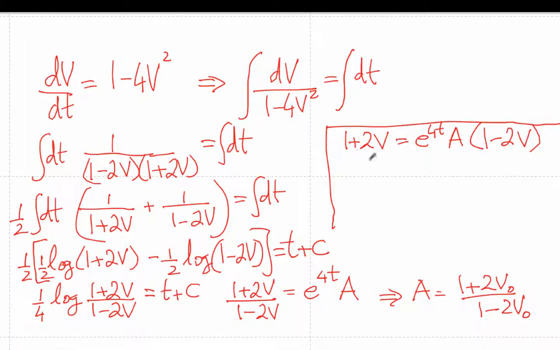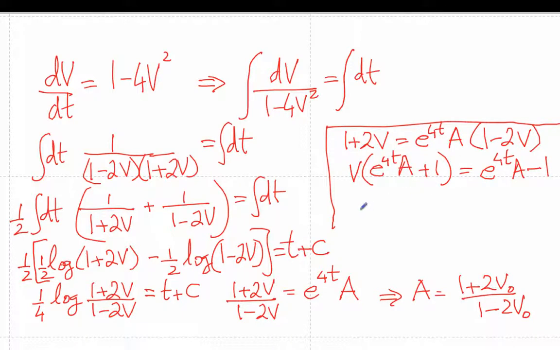And then I bring the v on this side, so I'll get v into e to the 4t into a plus 1 equals e to the 4t a minus 1.